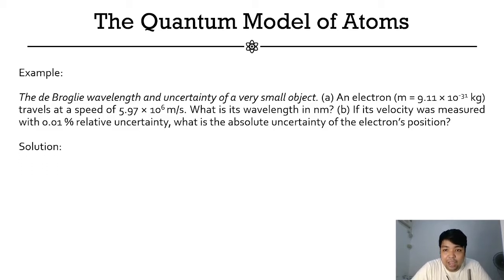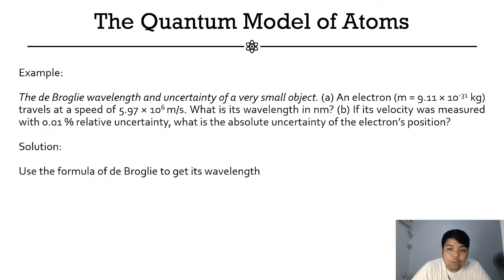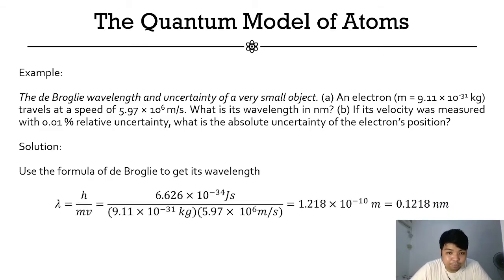For letter A, we just use the de Broglie formula to get the de Broglie wavelength, which is this one here. We have Planck's constant, and the mass and the velocity of the electron, and this will be its wavelength. But since what is asked is in nanometers, we convert this to nanometers.